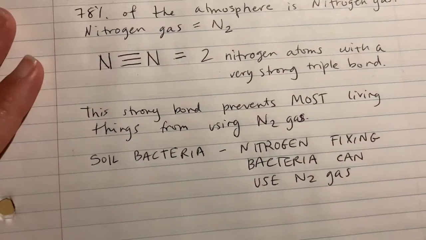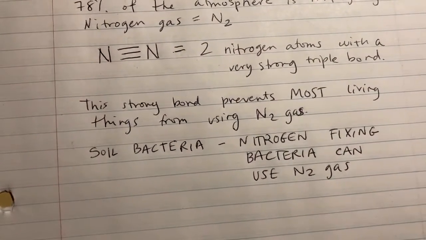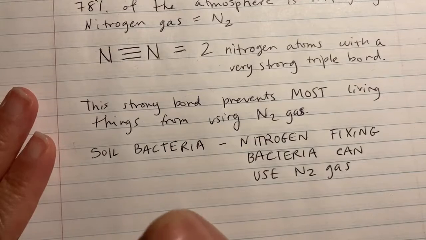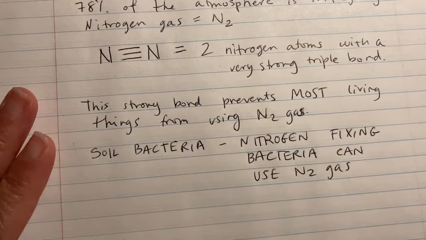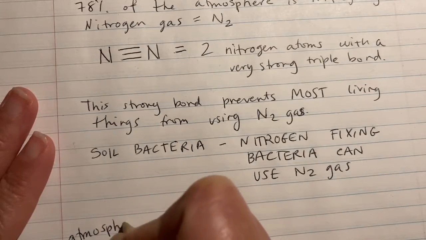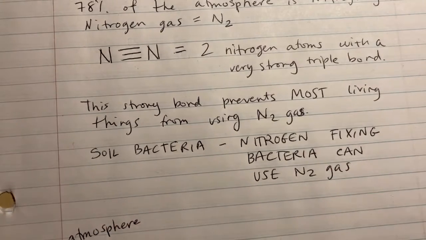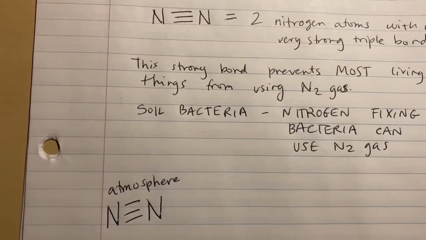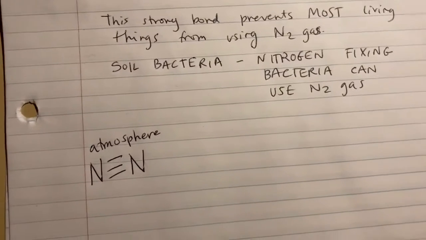If we were to look at how nitrogen gets cycled, we have our N2 gas in the atmosphere, and most of the nitrogen on the planet is in this N2 form in the atmosphere. Oh, you guys can't see that. Hang on, let me scooch the papers here. There we go.